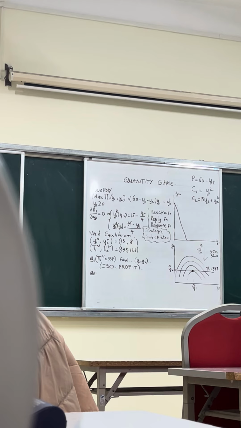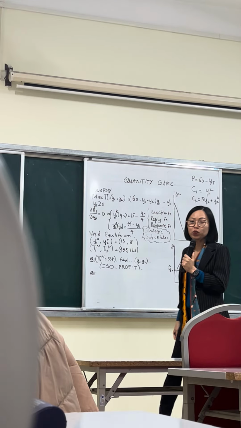Ok, now the next question: how do we find this value? Graphically, that's a tangent between the isoprofit and the y2 hat. But algebraically, analytically, how can we find y1?